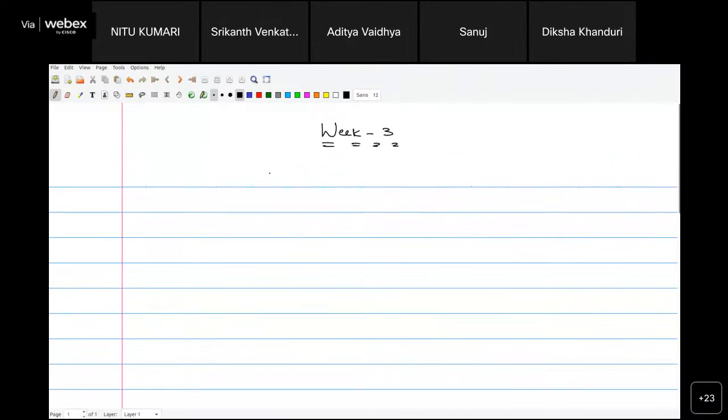So this is week 3. We are interested to talk about the slope of a quadratic function. Before quadratic function, we have seen slope coming in week 2 also.